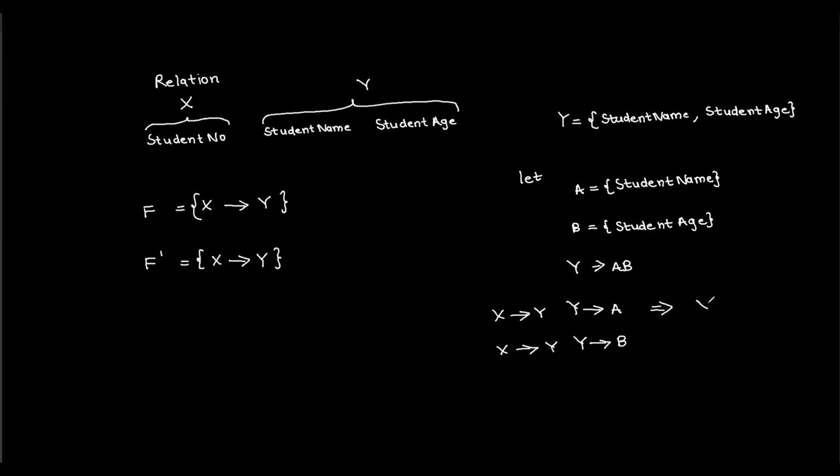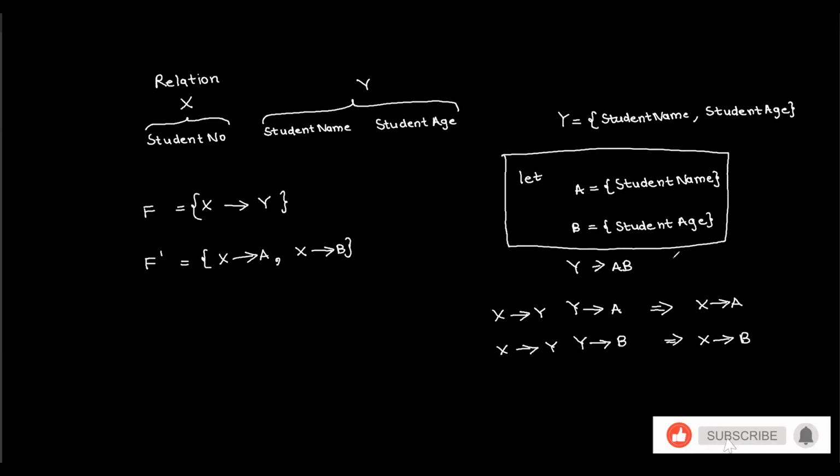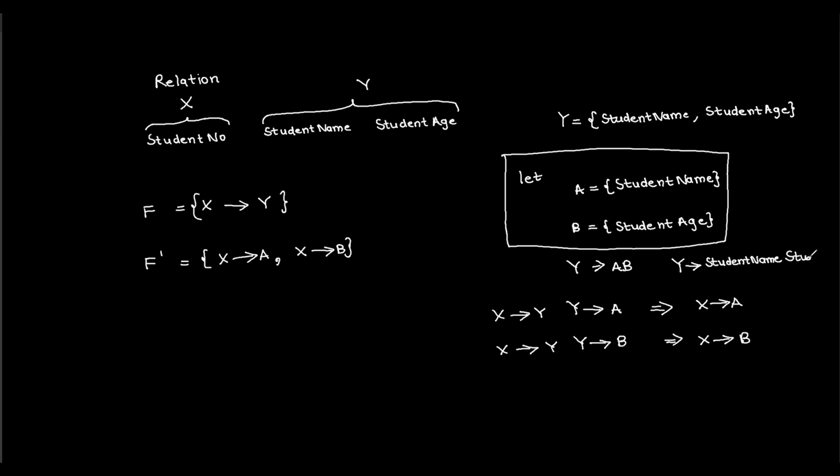By using transitivity, we will get X functionally determines A and X functionally determines B. So F dash will be equal to X functionally determines A, comma, X functionally determines B. Or you can skip the letters and say X functionally determines student name, comma, X functionally determines student age. You can use this directly instead of using specific letters, which can be redundant.